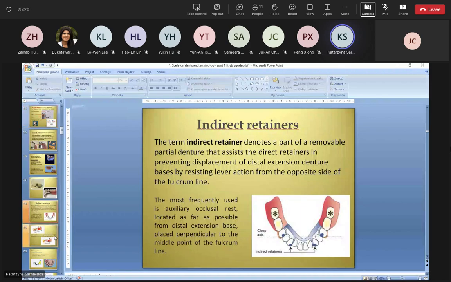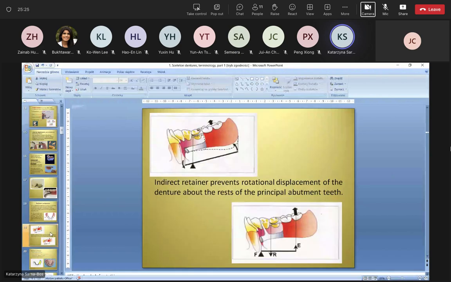Next slide. Indirect retainer prevents rotational displacement of the denture about the rest of the principal abutment teeth. So thanks to this part of the skeletal denture, it is impossible to rotate the denture in the patient's mouth.